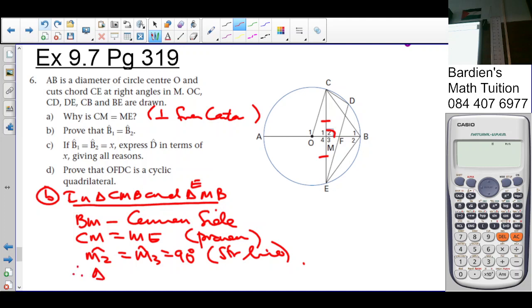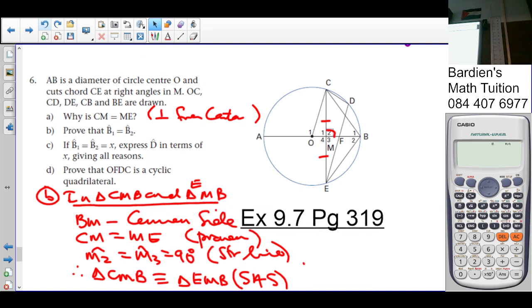So therefore, triangle CMB is congruent to triangle EMB. Why? Side angle side. Why not RHS? You're not using that, partner? Yes. So what do we conclude then? So this is enough to conclude.